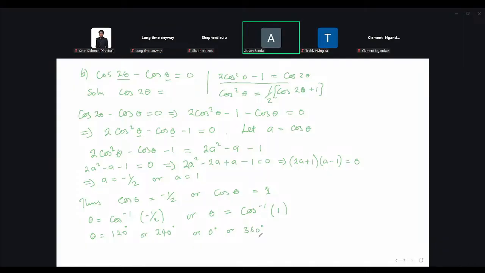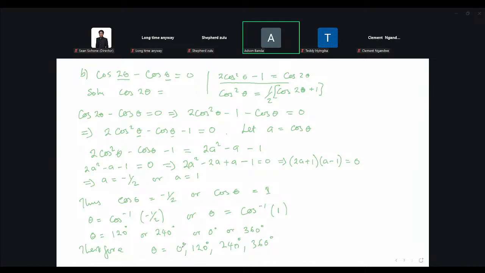So you have 360 also as part of the solution to this problem. So therefore, our solution now has the following. So theta is 0 or 120 or 240 or 360 degrees. So those are the solutions for the particular equation that we have.